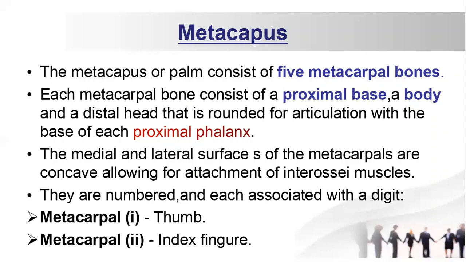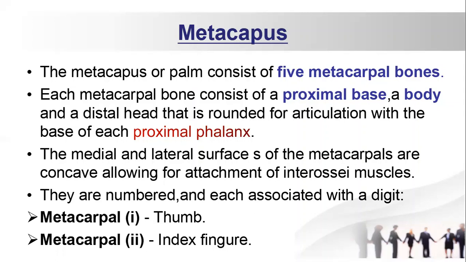The medial and lateral surfaces of the metacarpals are concave, allowing for attachment of interossei muscles. They are numbered and each associated with a digit, just as stated earlier on.